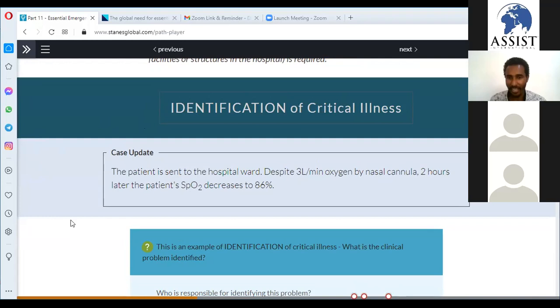If you answer this question, that means you are able to identify patients who are in a critically ill condition. What is the clinical problem that makes you think this patient is critically ill? Your participation is very welcome. Hope you understand the question.